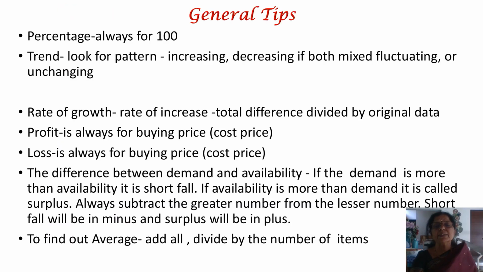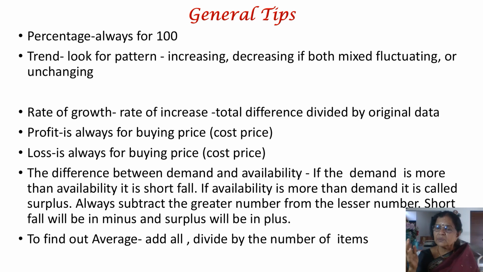And see, here are some general tips for you, which you should remember, which you should never forget. Percentage is always for 100. And always look for the trend. So you are given a numeric table, and you look for the trend. What is the trend? If there is a continuous increase, then you can say continuous growth.